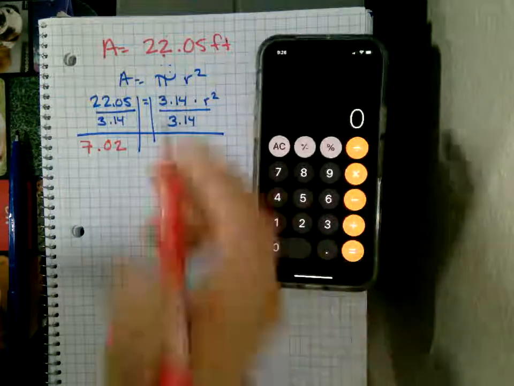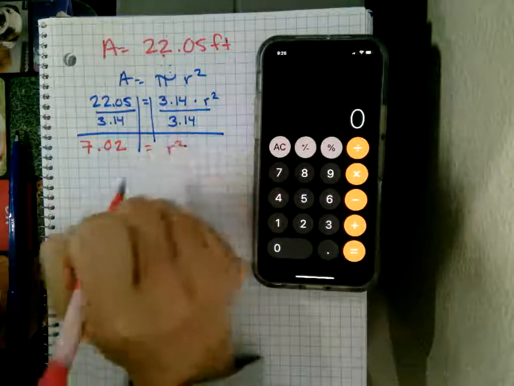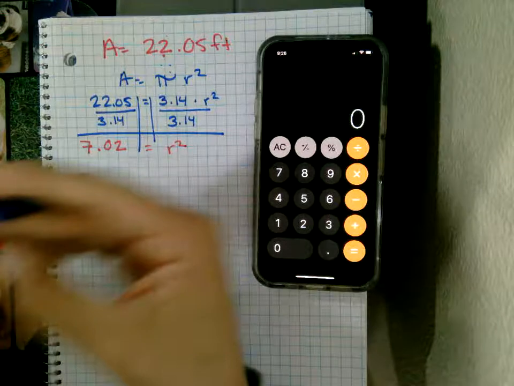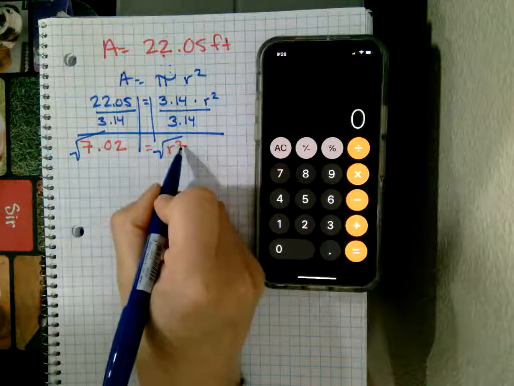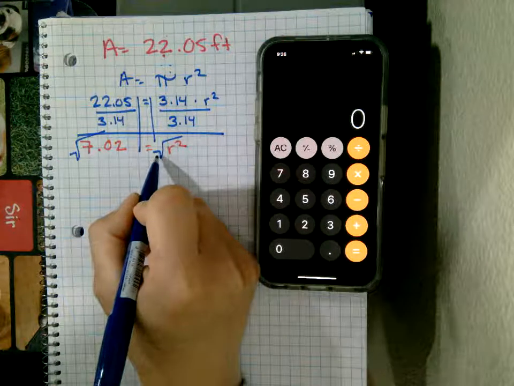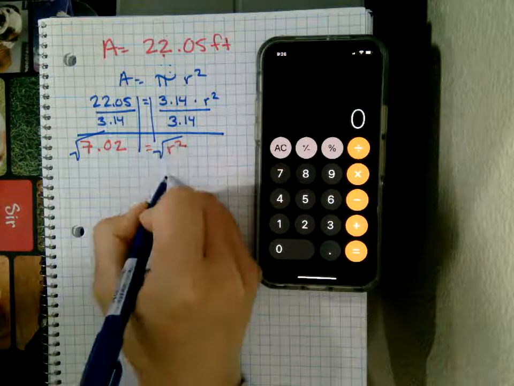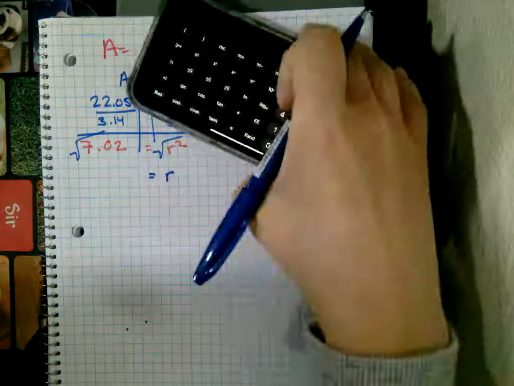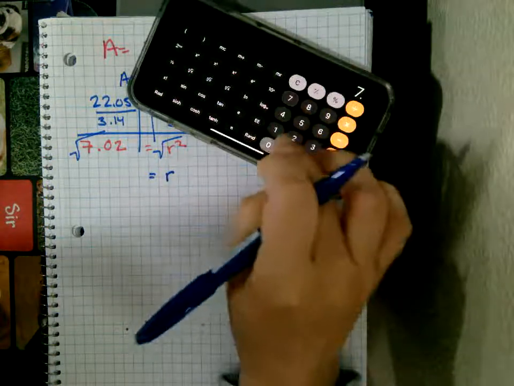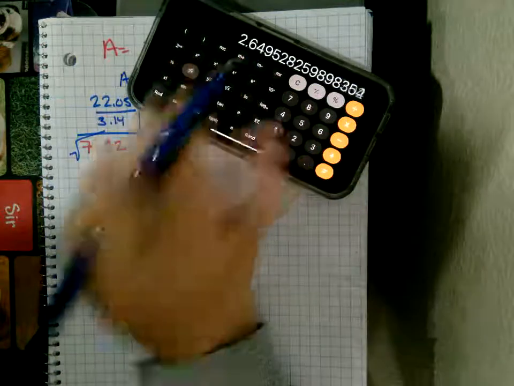All right, so then I'm left with r squared. So I'm going to take the square root, right? To undo a square, you use a square root. It's the opposite. So when I do this, I'm left with r equals, and then I got to turn my phone, 7.02, look for the square root.